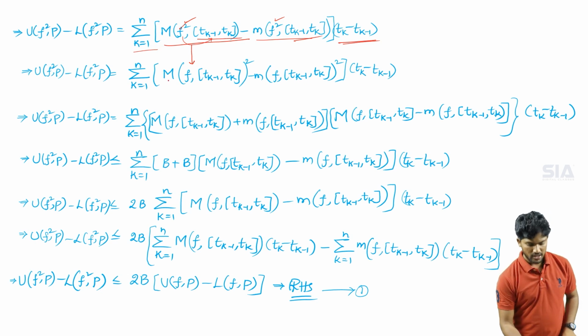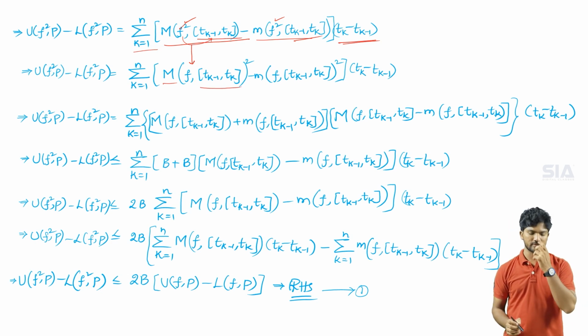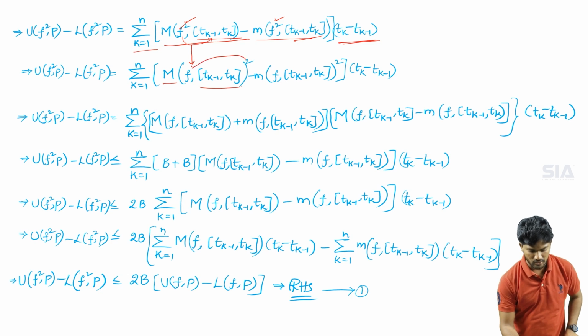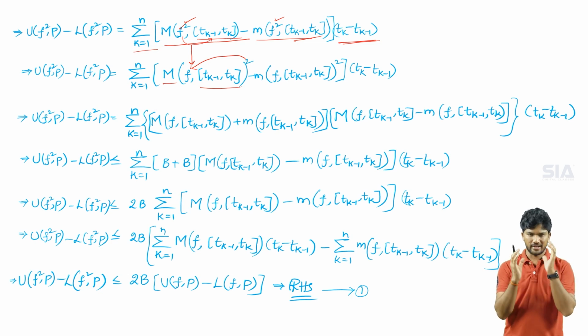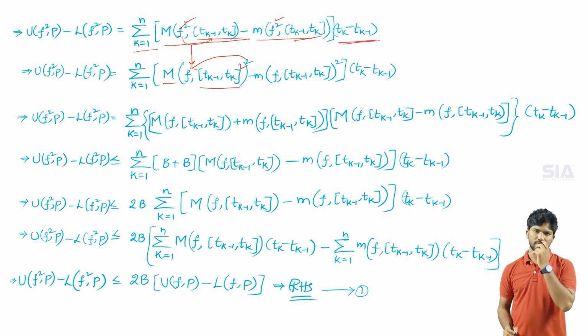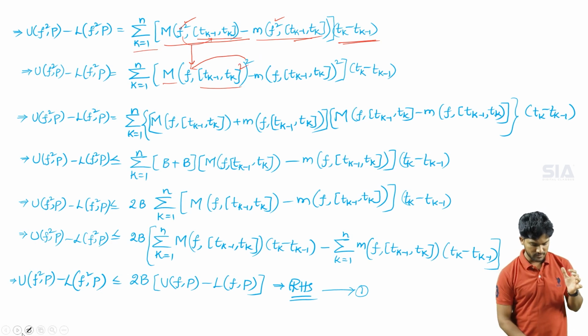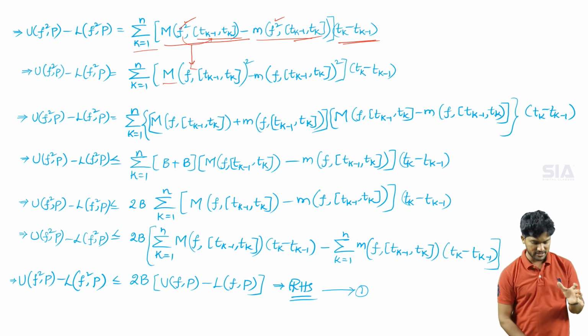So therefore capital M into f comma t suffix k minus 1 comma t suffix k whole square, we can apply that square. మళ్ళీ ఈ స్క్వేర్ ని మీరు సపరేట్ చేశారనుకోండి ఓన్లీ ఫంక్షన్ కి అప్లై అవుతుంది, ఆ క్లోజ్డ్ ఇంటర్వెల్ కి ఆ స్క్వేర్ అనేది అప్లై అవ్వదు. వై? బికాస్ ఇట్ ఈస్ అన్ ఇంటర్వెల్. మనం ఇంటర్వెల్ కి ఎప్పుడు స్క్వేర్ ని అప్లై చేయం. ఓకే, మళ్ళీ దీనికి మీరు ఇంటర్వెల్ స్క్వేర్ అప్లై చేశారు, ఇట్ విల్ నాట్ ఎగ్జిస్ట్ అనమాట. సో ఎఫ్ స్క్వేర్ ఉన్న వాల్యూని మనం హోల్ స్క్వేర్ గా రాసుకోవచ్చు, అండ్ ఆ హోల్ స్క్వేర్ ని మళ్ళీ మనం షిఫ్ట్ చేసాం అనుకోండి ఓన్లీ స్మాల్ ఎఫ్ అనే ఫంక్షన్ కి అప్లై అవుతుంది.